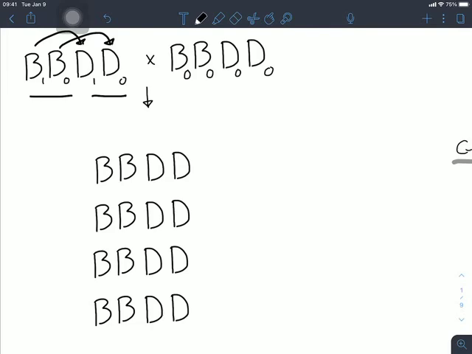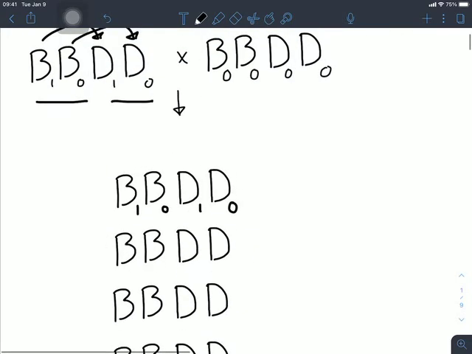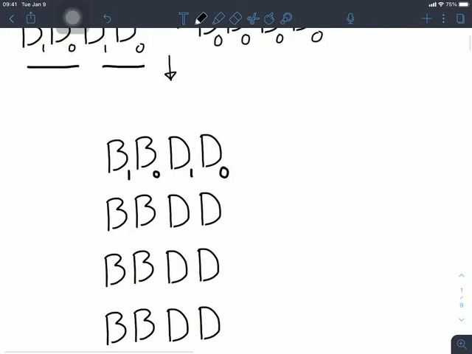So take a moment here and first write out all four possible genotypes of the progeny produced by a heterozygote or dihybrid crossed against a tester. I'll go through it first. We can have a genotype that matches the hybrid parent with B1, B0, D1, D0. This would be produced from a very particular gamete.